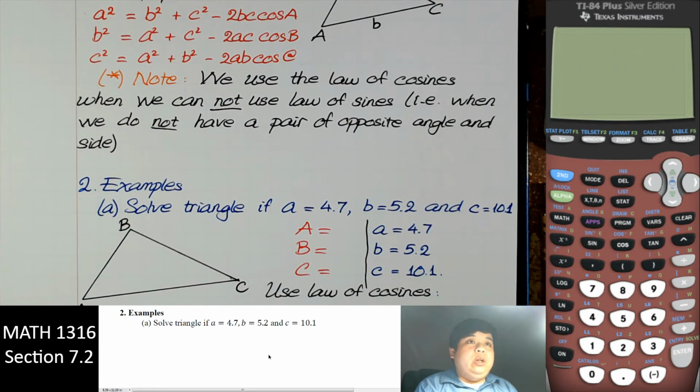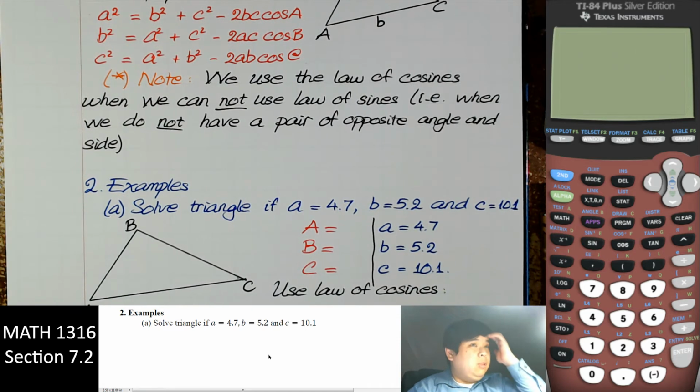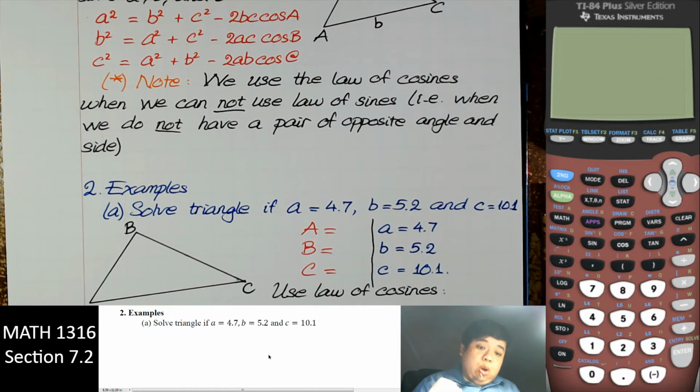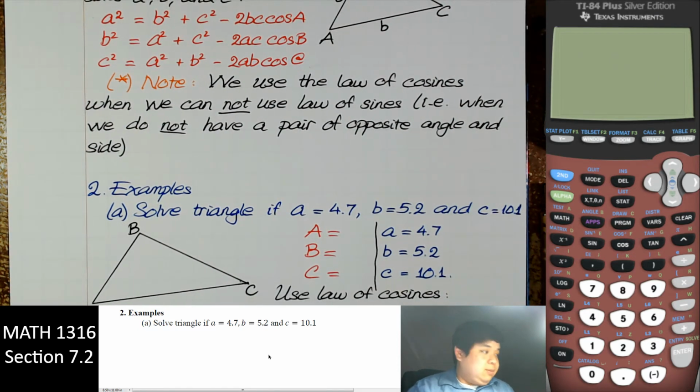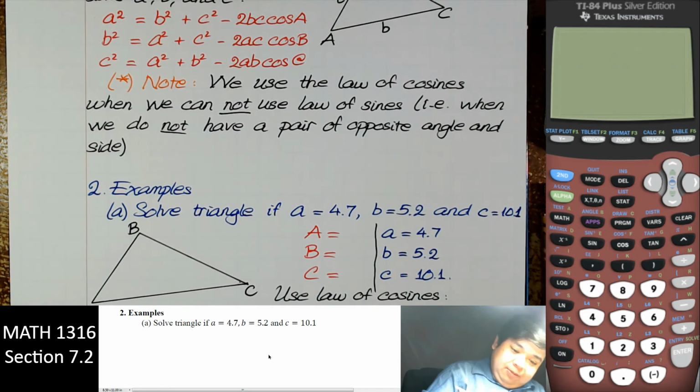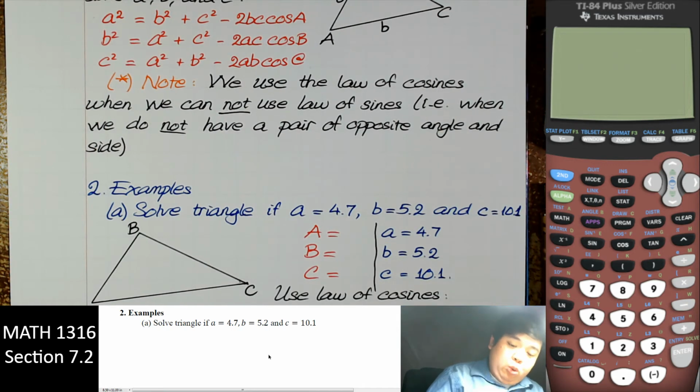So which one do we use? We have all three of them, right? Actually, it doesn't matter which one we use. But from experience, when we're doing this, I always use the one with the biggest angle. So I'm going with c squared.